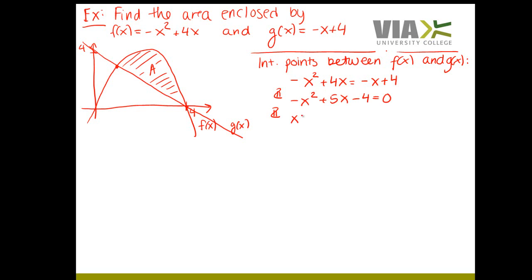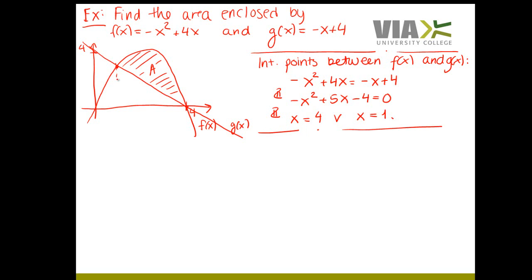And when you solve this second degree polynomial, you will get that x is either equal to 4 or x is equal to 1. So that is our two intersection points.